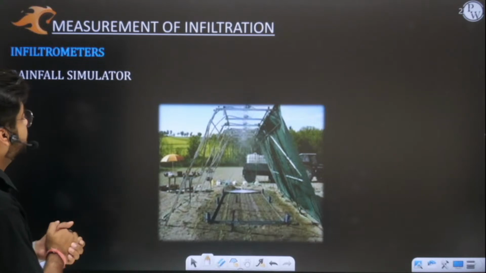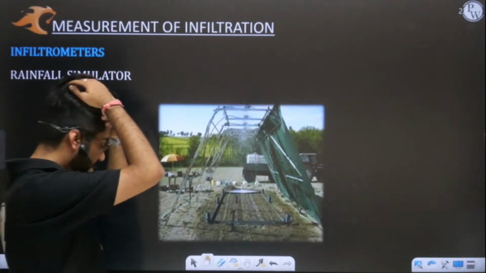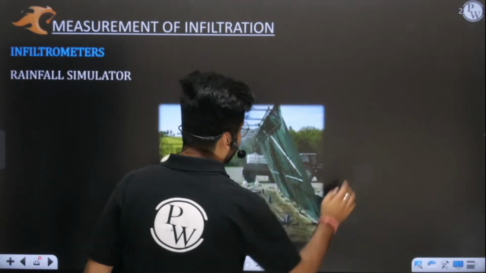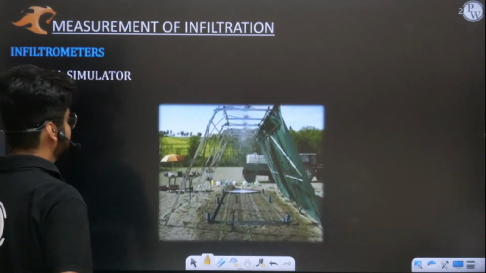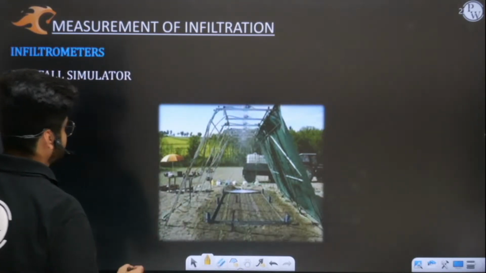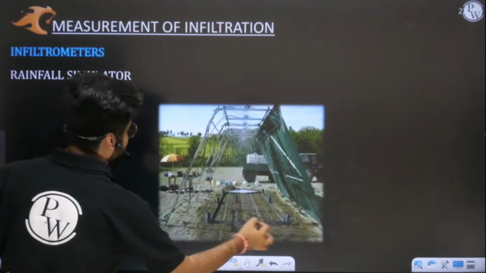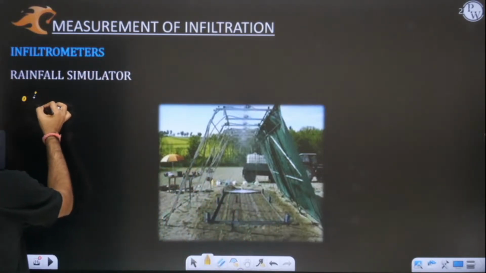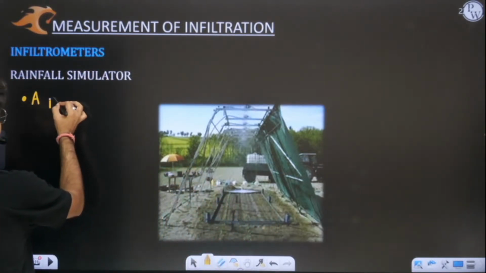So now, what is the rainfall simulator? I told you about the rainfall simulator thing. Let me write a little theory here.